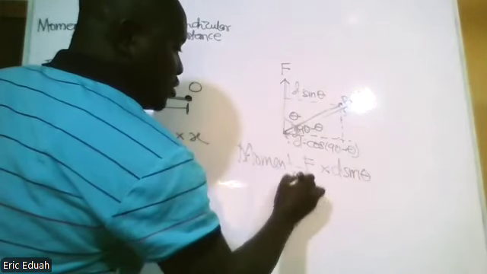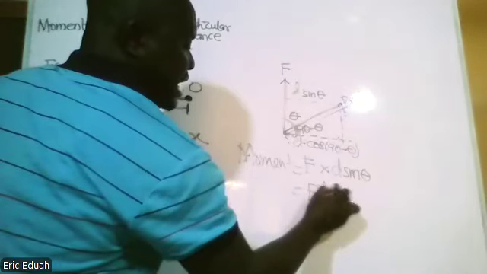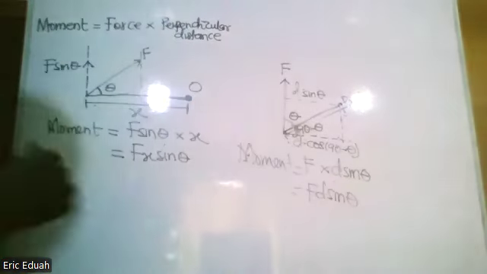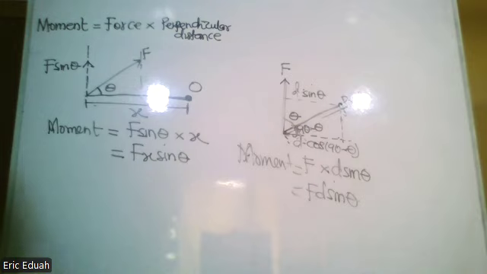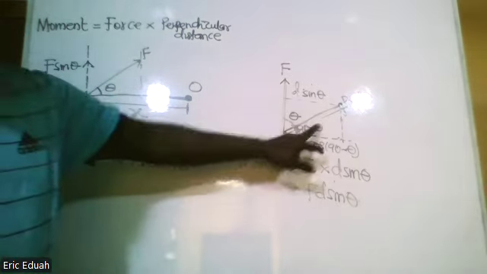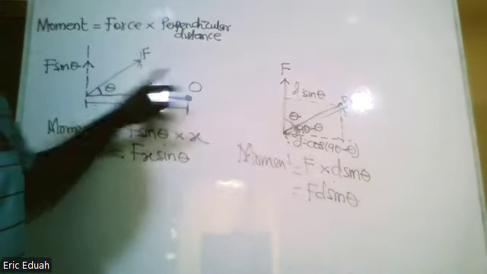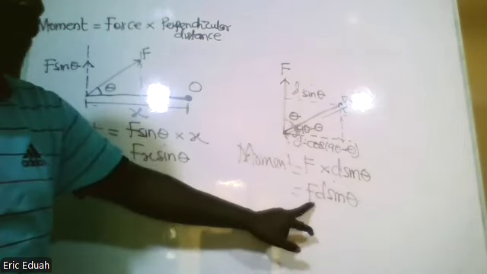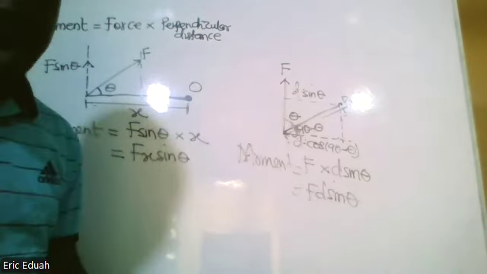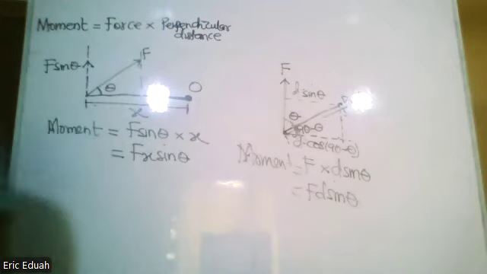Therefore, moment is equal to FD sine theta. So all that I'm saying is that you can either resolve the force or the distance to get a component which will be perpendicular to calculate the moment or the turning effect.